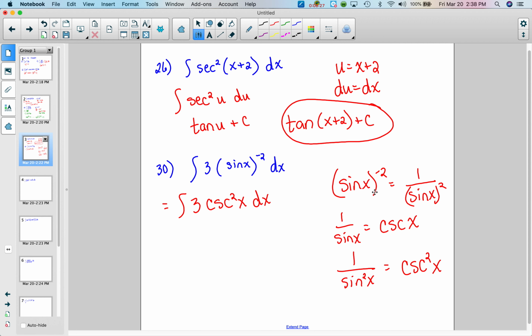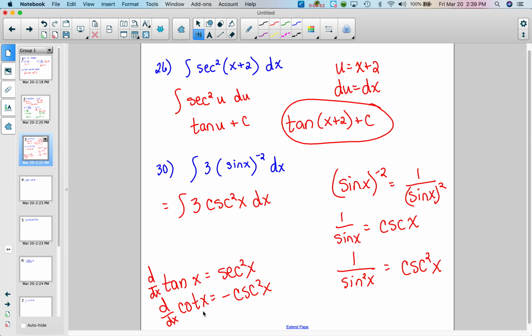Now, this is kind of how I remember for cosecant, I know that the derivative of tangent is secant squared x. So then that helps me remember that the derivative of cotangent is the opposite. So this is true.